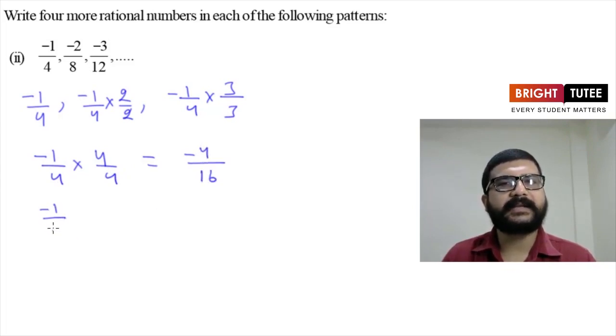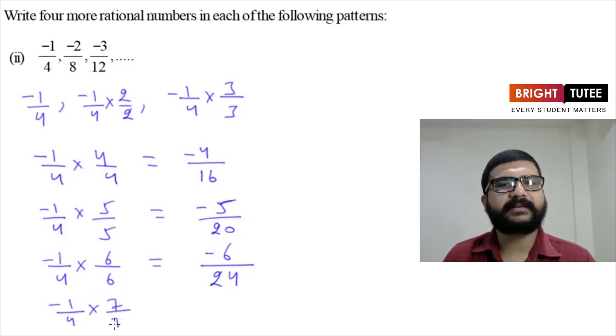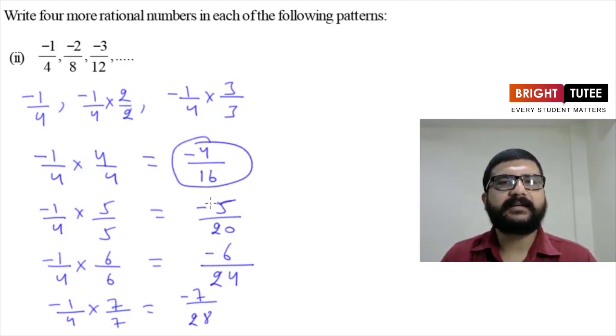Next number will be minus 1 upon 4 into 5 upon 5. Now this will give us minus 5 upon 20, and then minus 1 upon 4 into 6 upon 6. This is minus 6 upon 24, and then we will have minus 1 upon 4 into 7 upon 7. Now this will give us minus 7 upon 28. So now these are the 4 rational numbers which will come in this pattern.